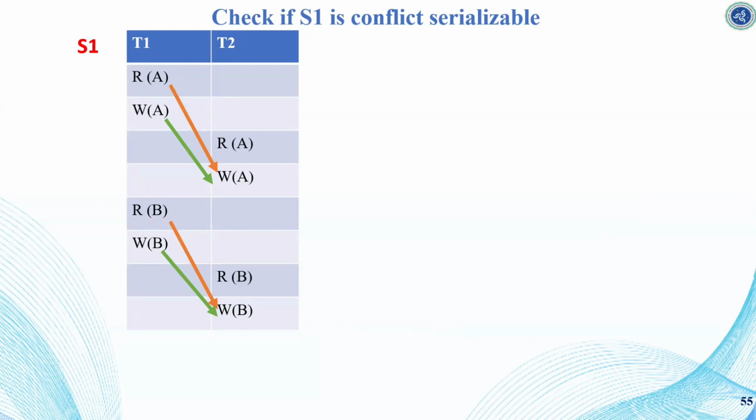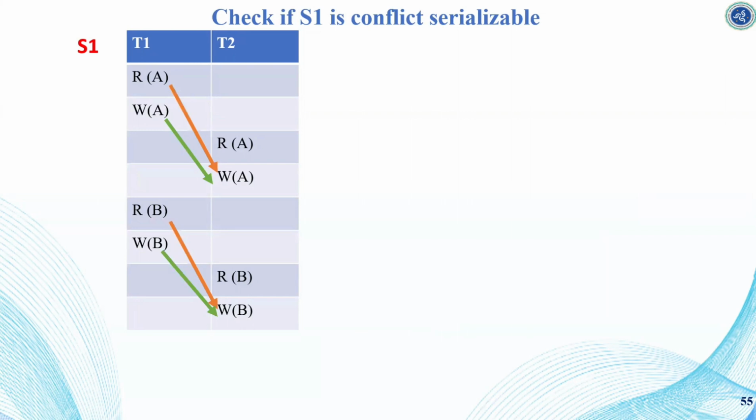The edge should point towards T2 because the first operation is in T1 and T2 has the second operation. The arrow mark should point towards the second operation.